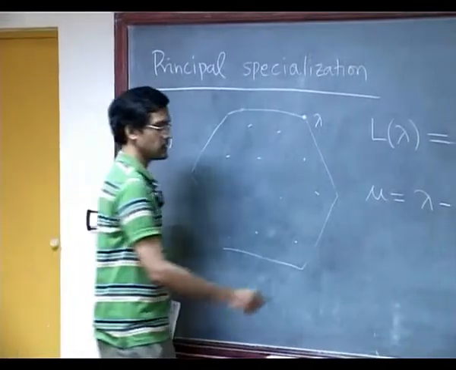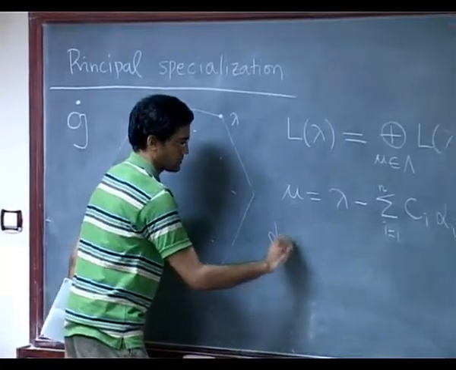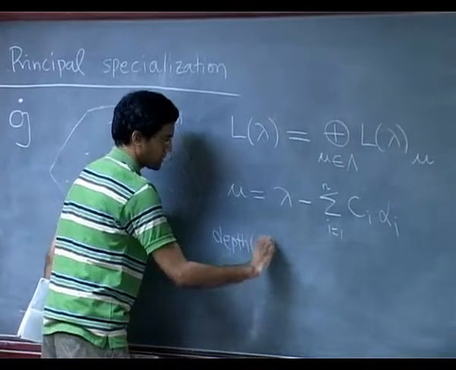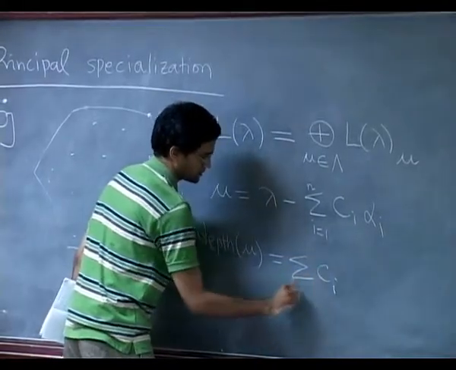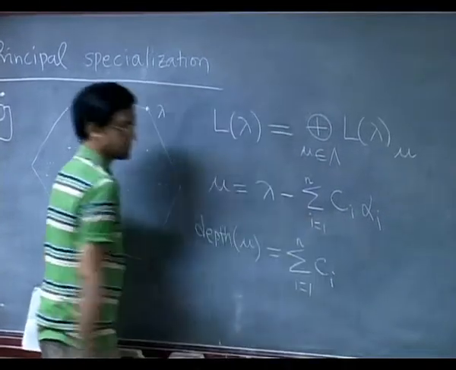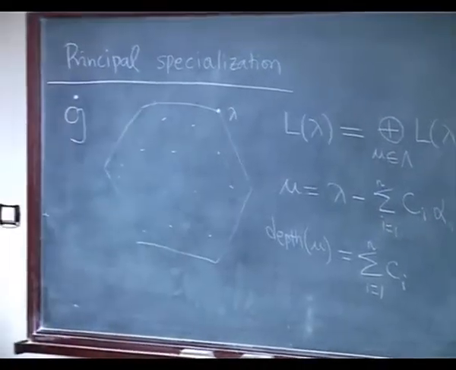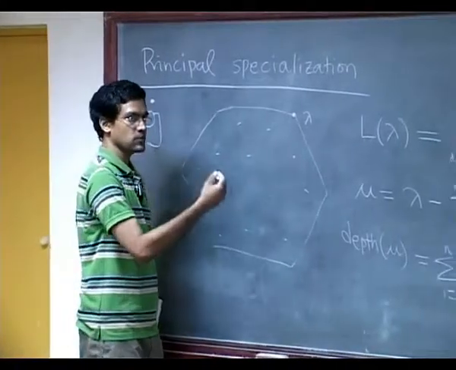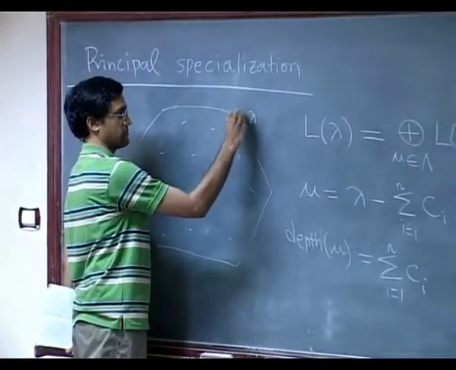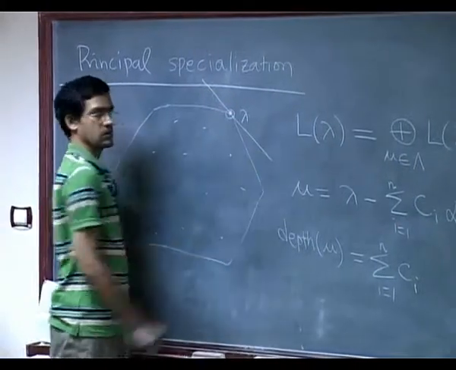You define the depth, sort of like height. Let us call the depth of mu the sum of these coefficients. So, for example, the only weight at depth 0 is lambda itself.